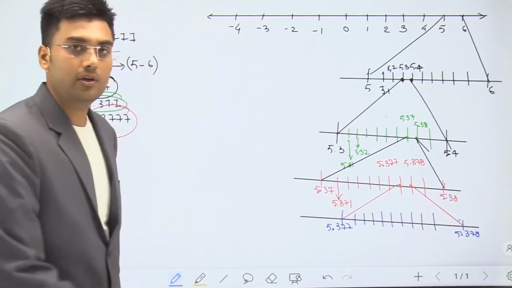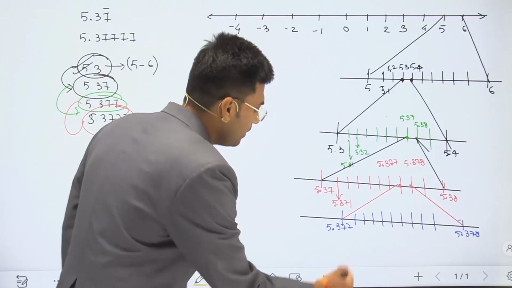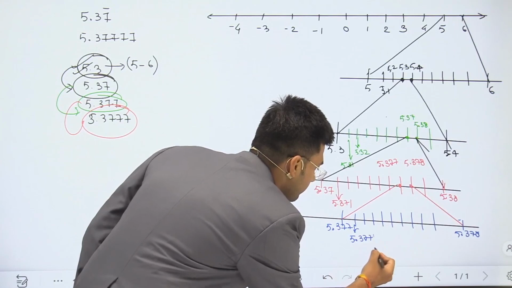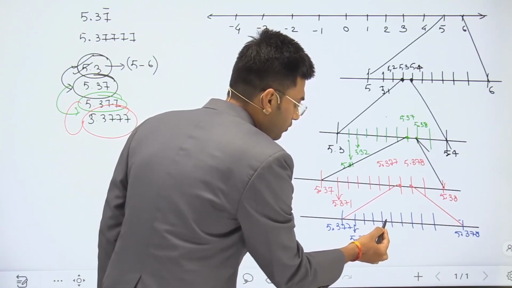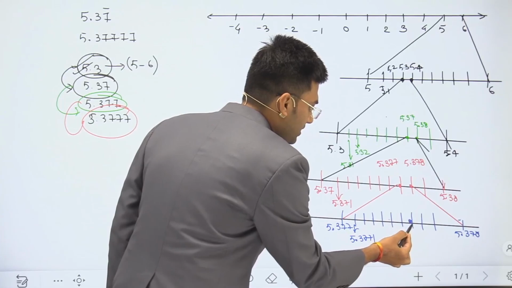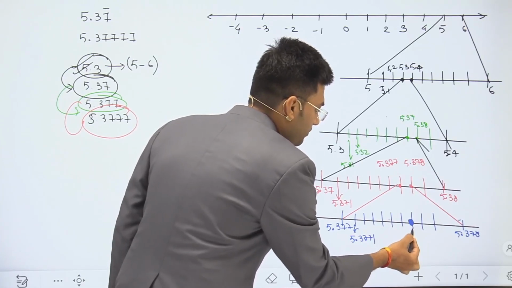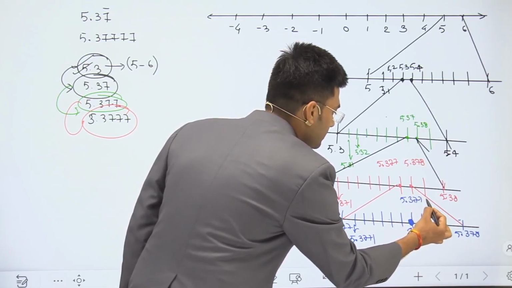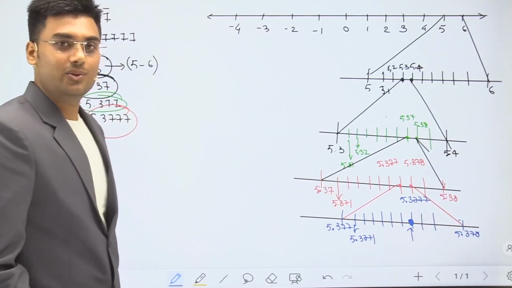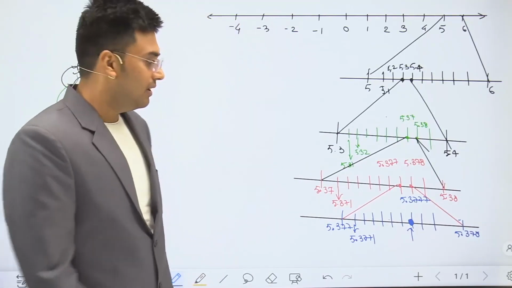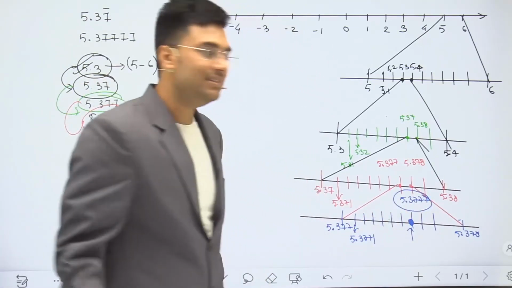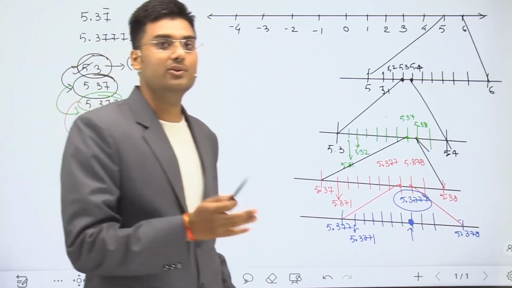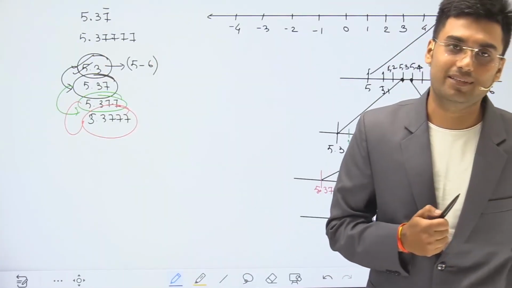This part should be equal. It is 5.3771, and so on up to 7. So this point is 5.3777. So by using successive magnification, we visualize 5.3777, that is 5.37 bar up to 4 decimal places.